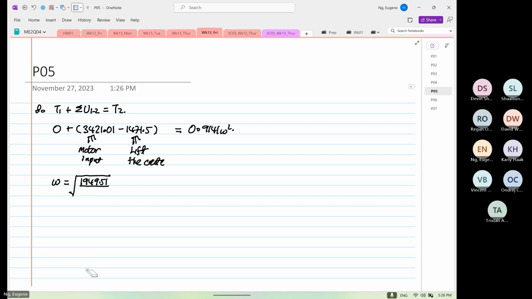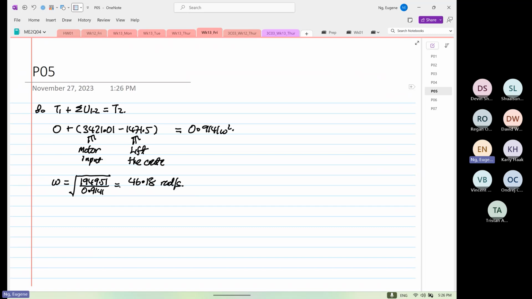Okay. So the square root of 1949.51 divided by 0.9141 is 46.18 radians per second.